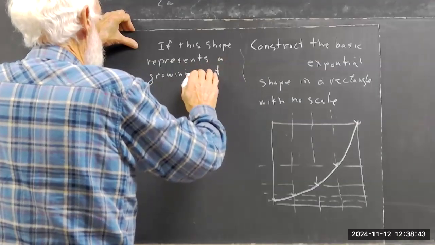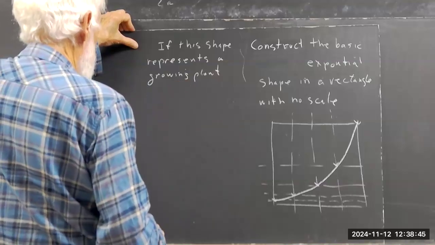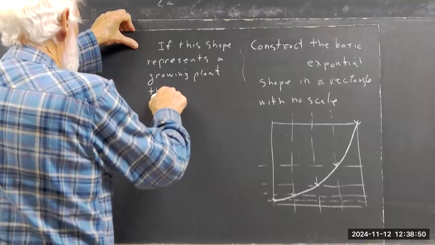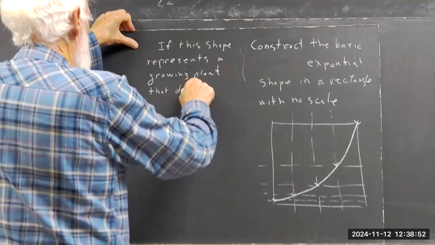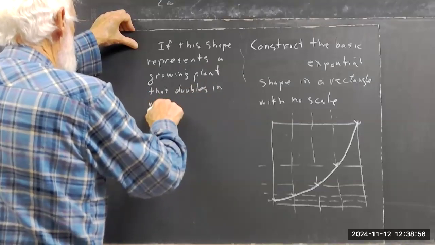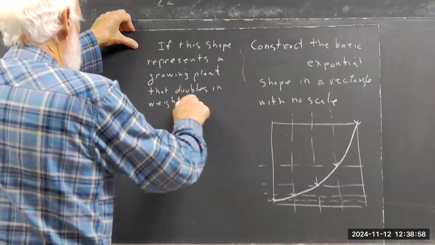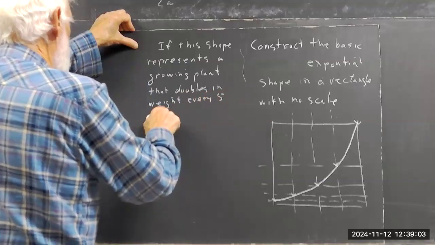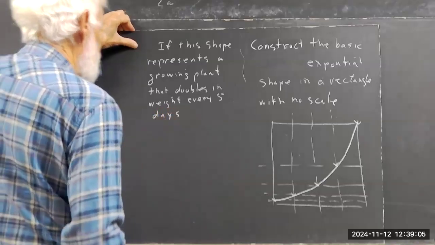This shape represents a growing plant. It's a fairly rapidly growing plant.